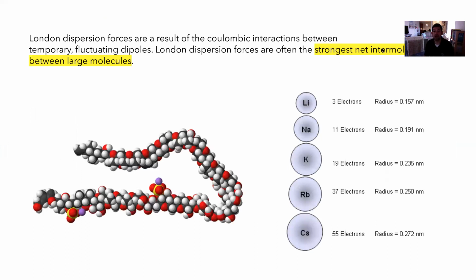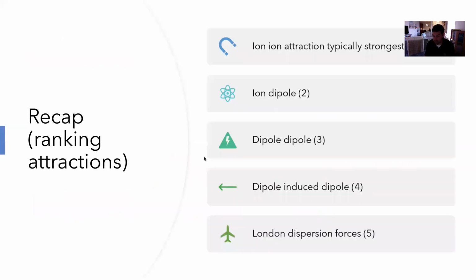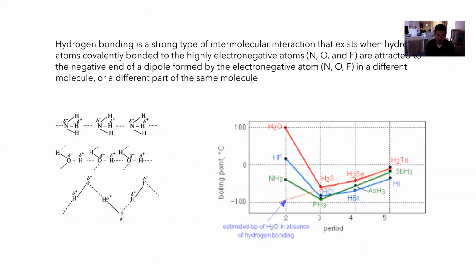But, and this is a big thing to keep in mind, the strongest net intermolecular forces tend to be London dispersion forces when we look at larger molecules. The size will matter there. So London dispersion forces often will be the strongest force, even though it's ranked last, because it's the strongest net force when we think about these large molecules.